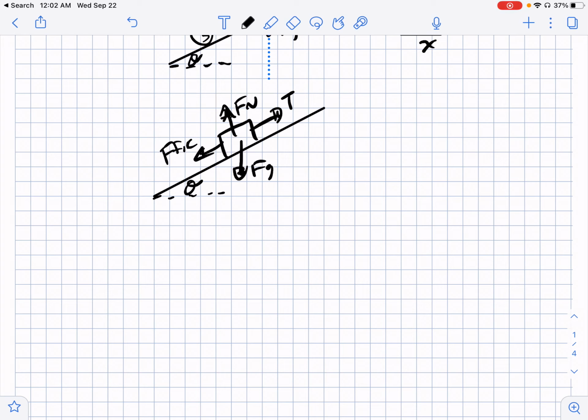What we can do here is shift our x and y axis to where it looks something like this. So here is my y and here is my x.